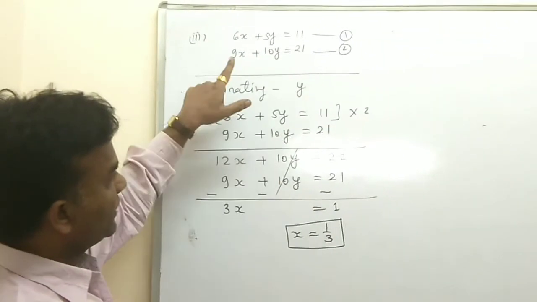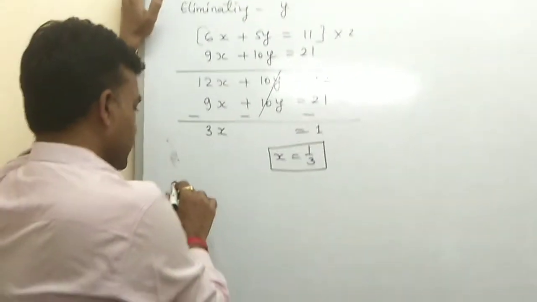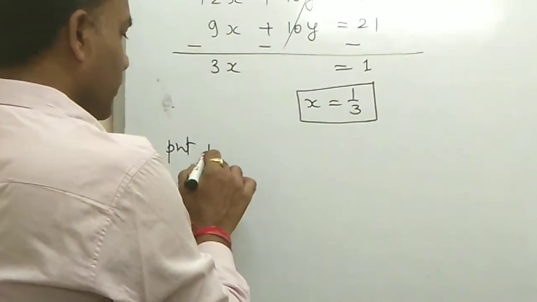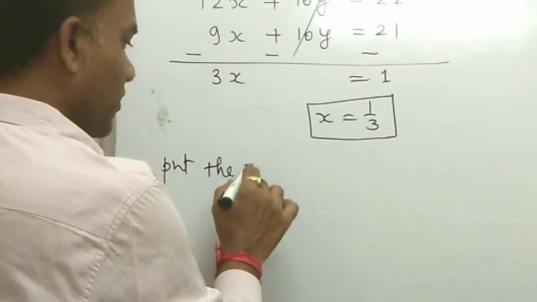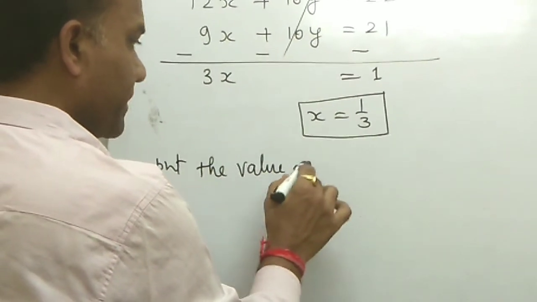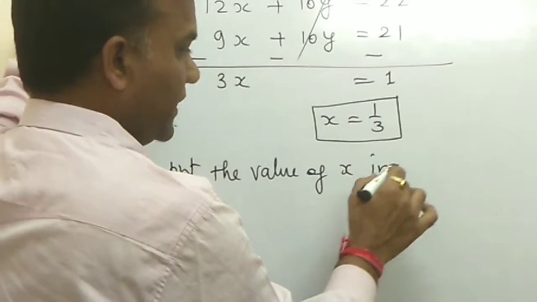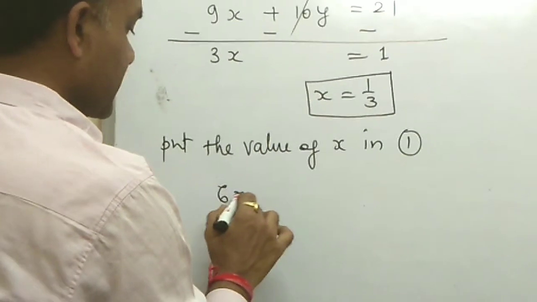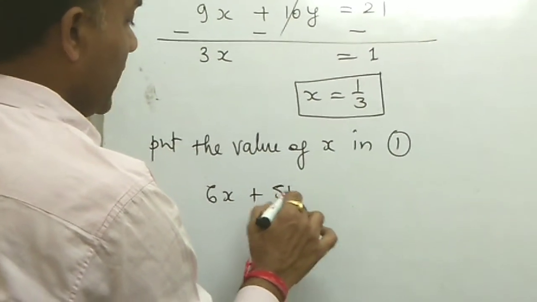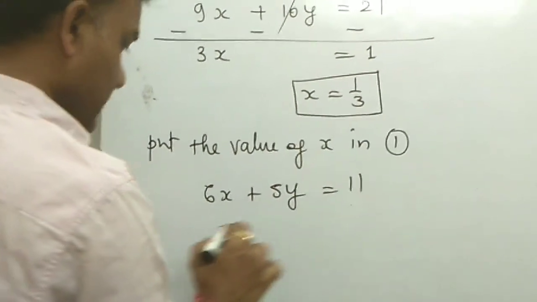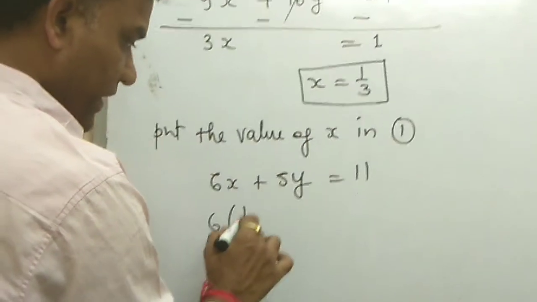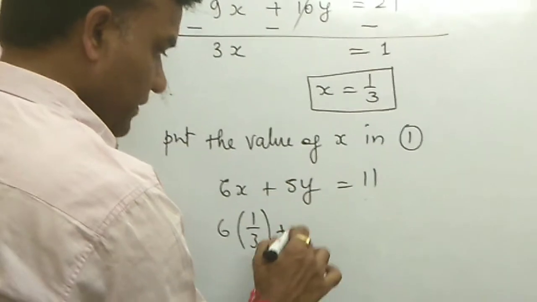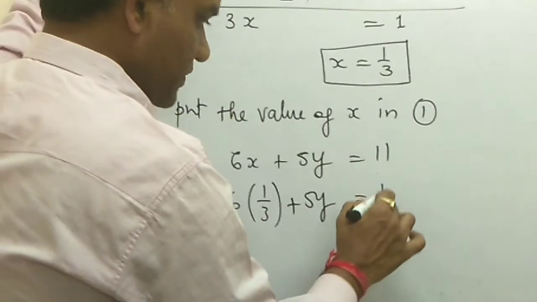Now put this value of x in equation 1. So now your equation is 6x plus 5y equal to 11. So in place of x you put 1 by 3 here, 6 times 1 by 3 plus 5y equal to 11.